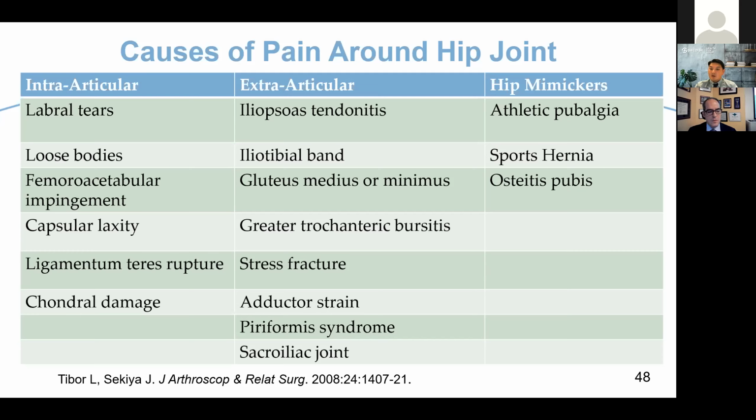So just to recap, if they're able to achieve a higher range of motion by themselves, that points away from an intra-articular pathology. Whereas if you're able to do more than what they were able to do, that rules in more intra-articular pathology.